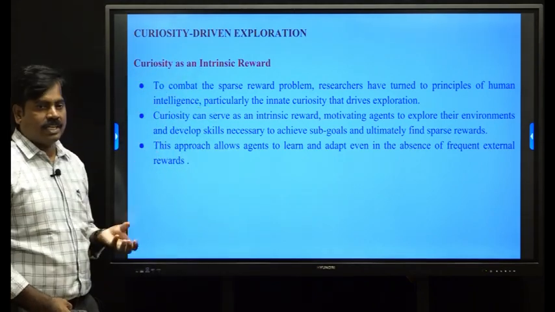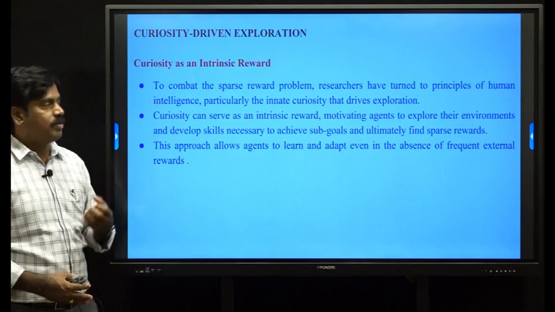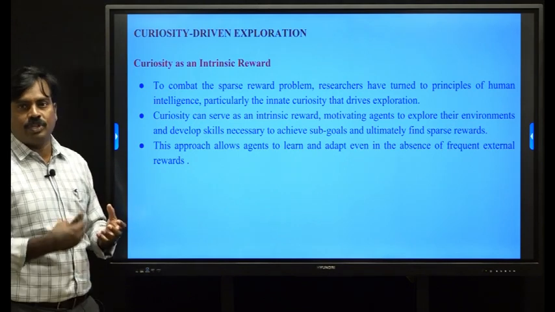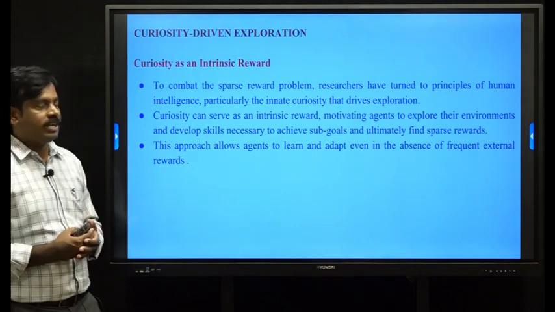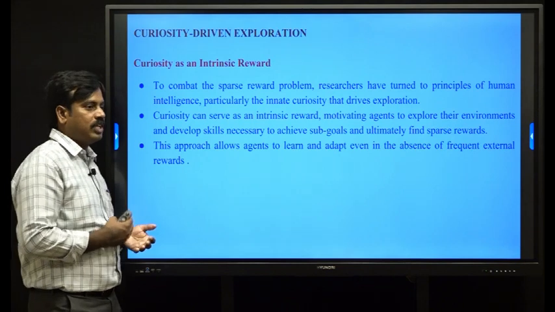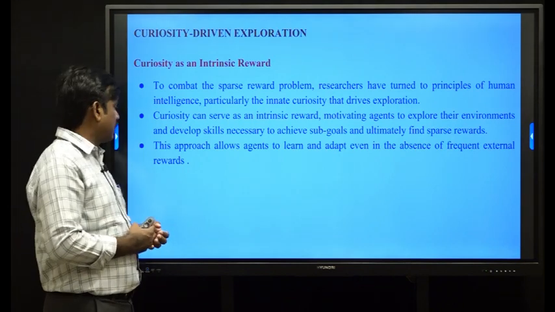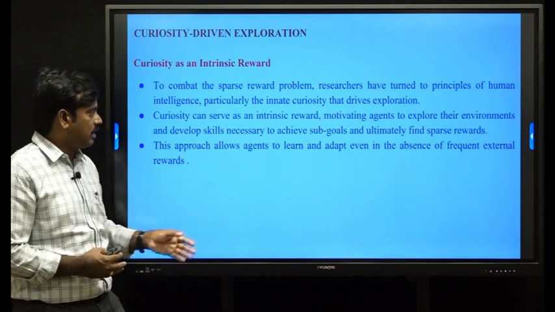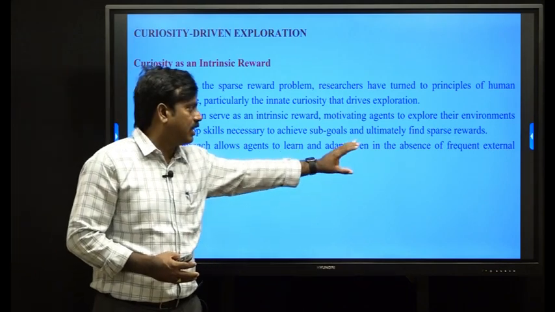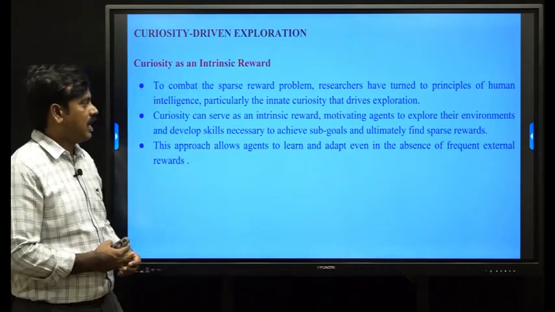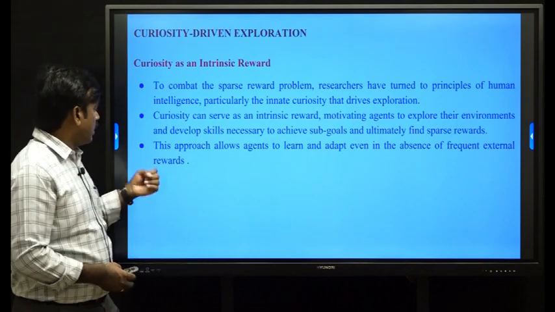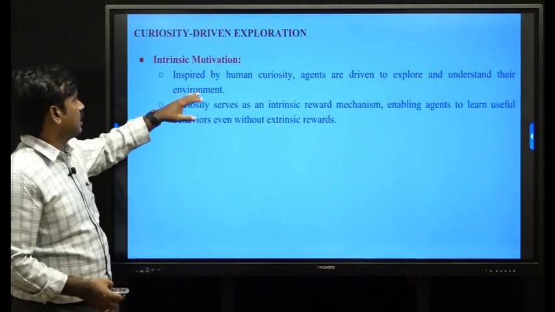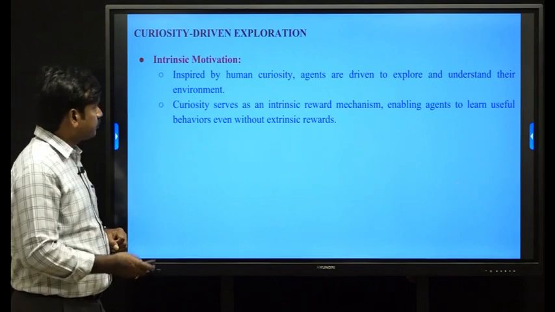This curiosity of humans and animals is embedded in reinforcement learning to solve sparse reward environment games. This approach allows agents to learn and adapt even in the absence of frequent external rewards.